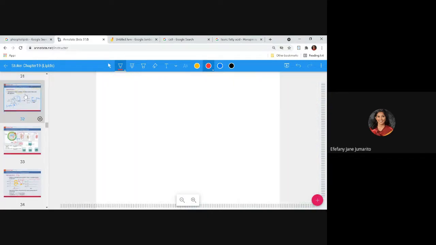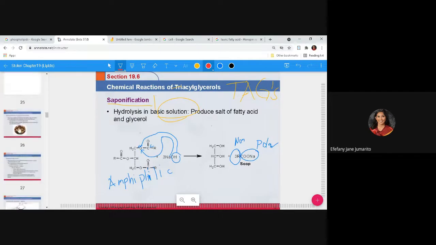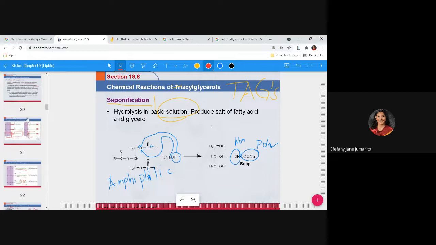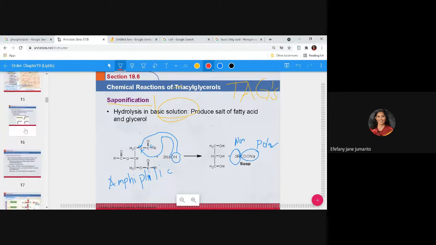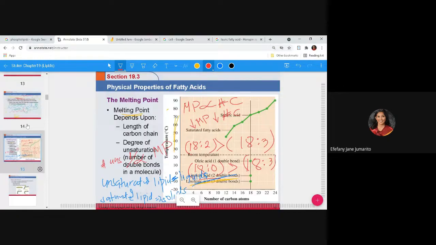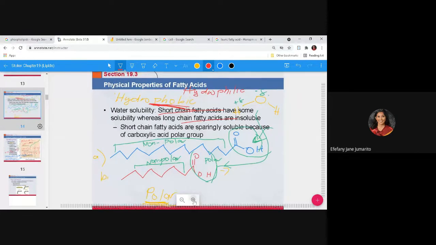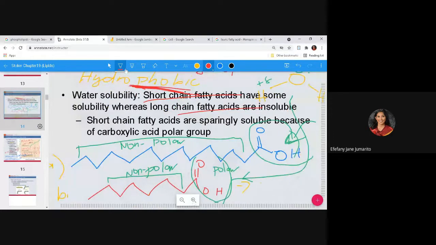Just like your fatty acid, it has a polar and a non-polar part. So this one, class, this is your fatty acid, letter A. This one is the polar region, and this one is your non-polar. Do you see any oxygen here?